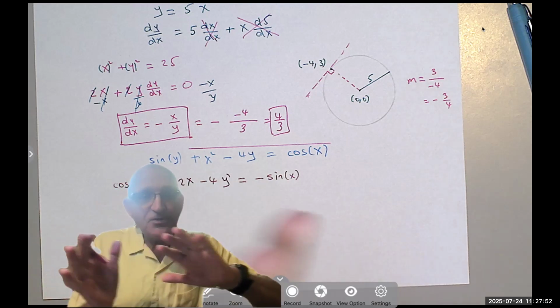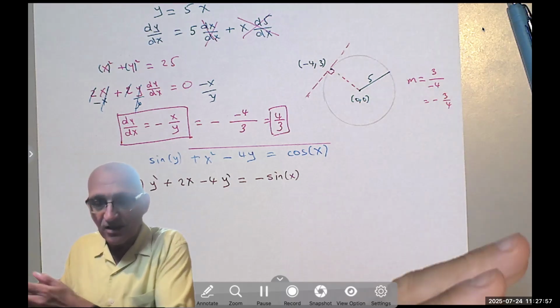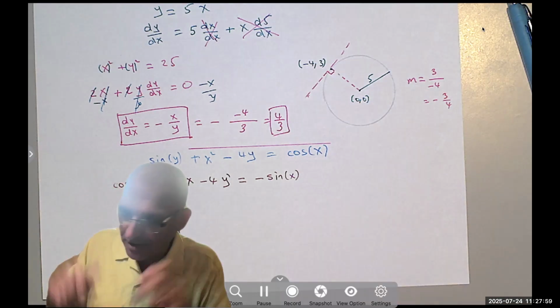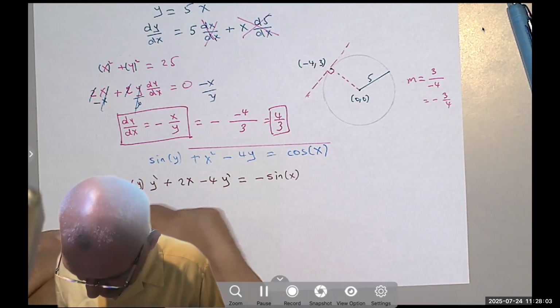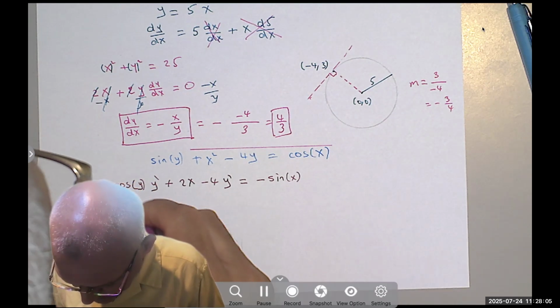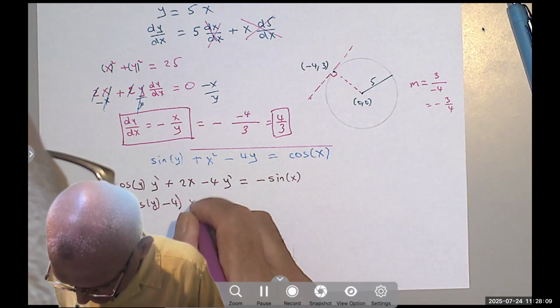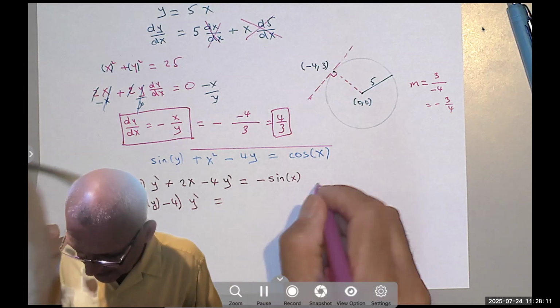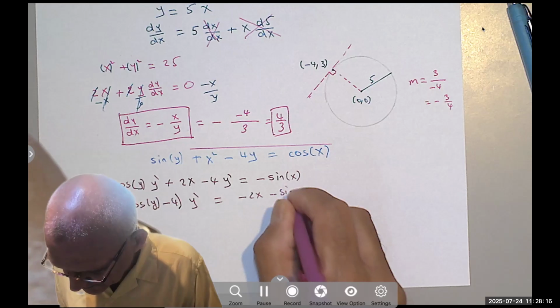Next, you keep the y prime terms to the left and the non-y prime terms to the right. So the left-hand side becomes cosine y minus 4 times y prime, and the right-hand side would be negative 2x minus sine x.